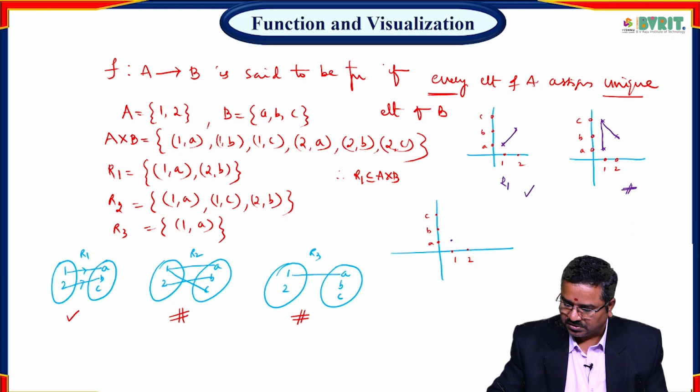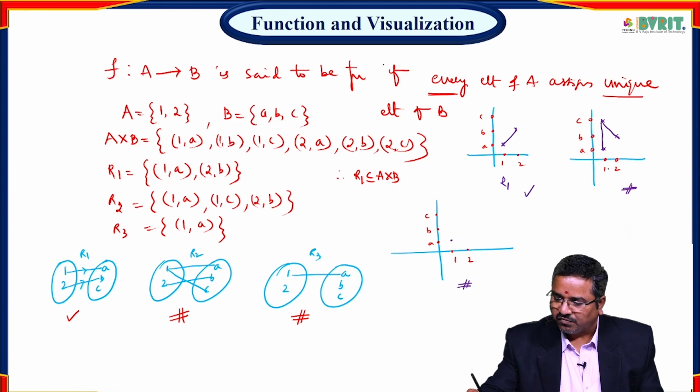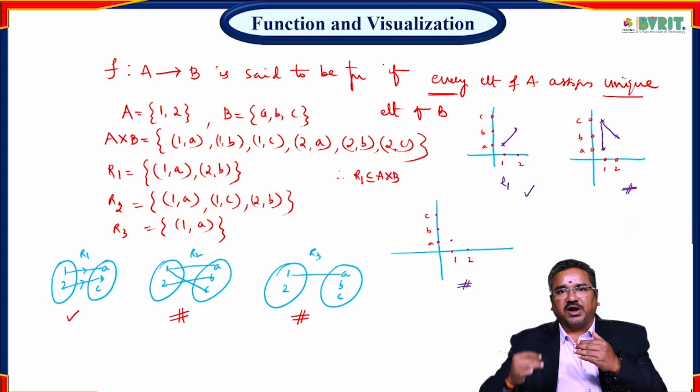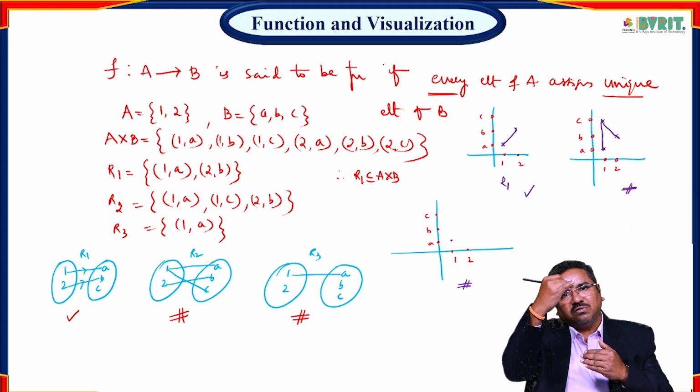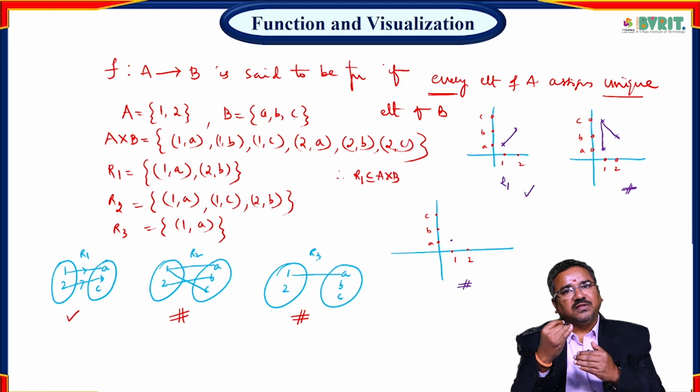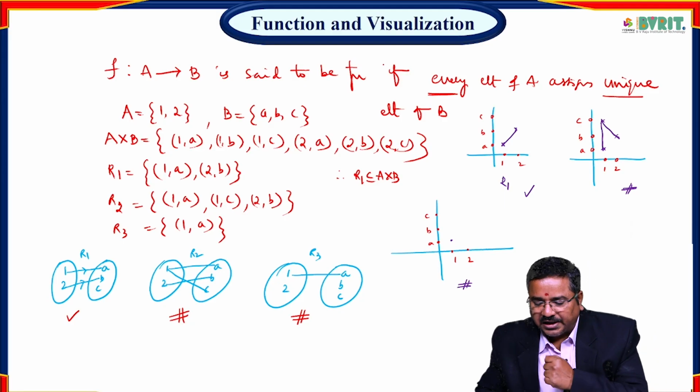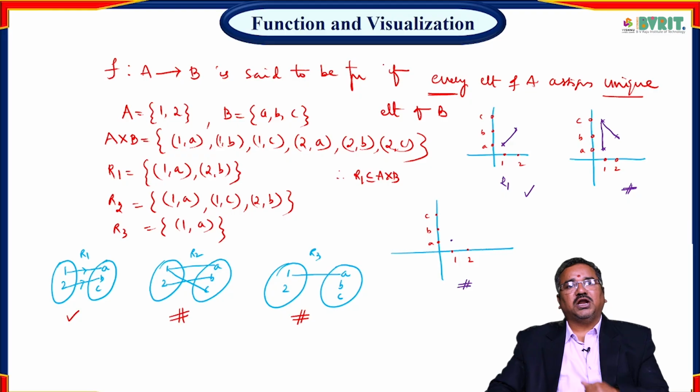Here, one is mapping to A and to C. Whenever one element maps to more than one element, we get a line parallel to the y-axis. So very simple: whenever there is a line parallel to the y-axis, that graph is not a function. And look at here, there is no mapping from the domain element here, because of that it is not a function.